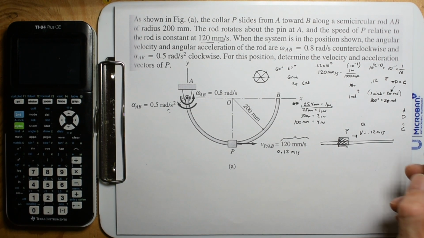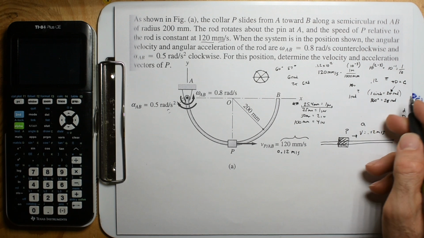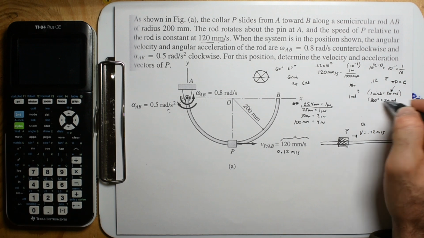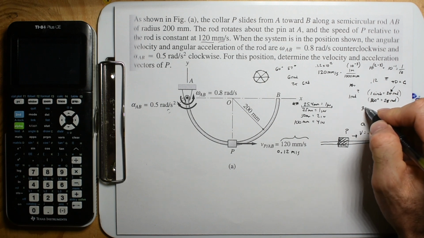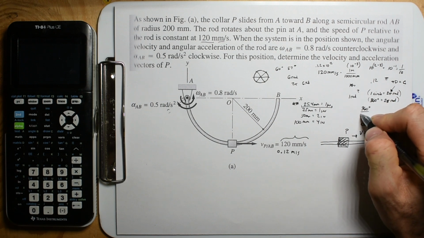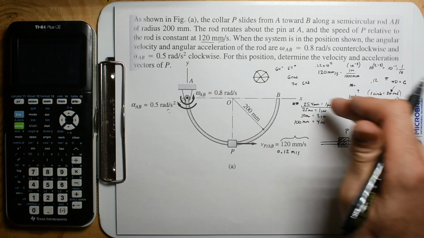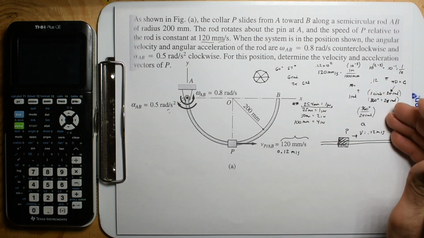Alright, so 360 degrees is 2 pi radians. Again, I wouldn't write it in a line item form. I would stack them: 360 degrees and then 2 pi radians. Now we have something to work with, and we can multiply this against something else.